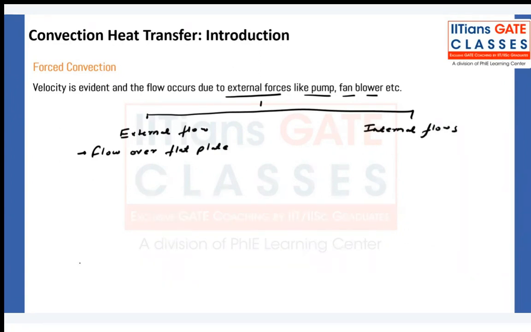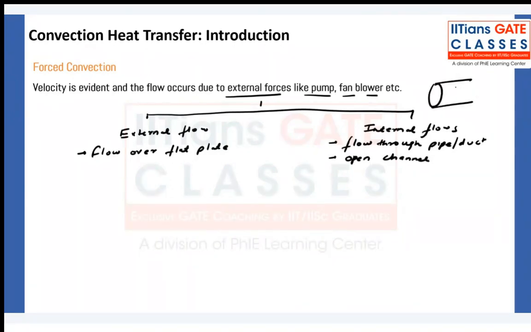Now internal flows is flow through pipes or ducts, rectangular ducts. Okay, here also we have open channel as well. What do you mean by open channel? If for example whatever diameter is there, it is not completely filled.